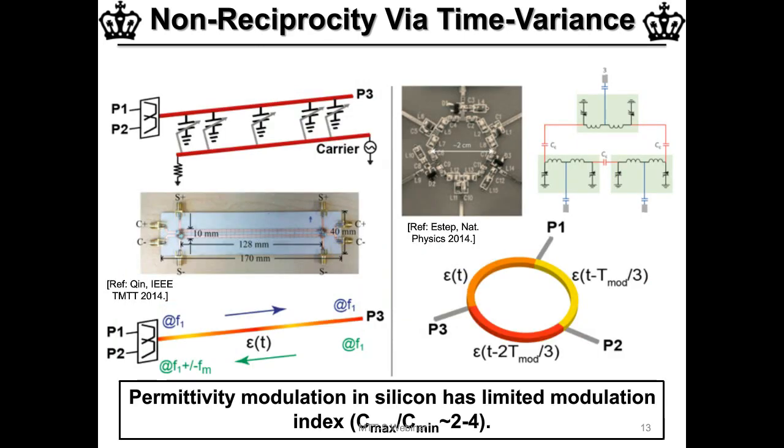But there are other ways that you can provide this bias, and there's been work on modulating the permittivity of a medium to provide a bias for the traveling wave. There's an example on the left-hand side of the slide from UCLA, where along a transmission line, capacitors are modulated with a traveling wave.